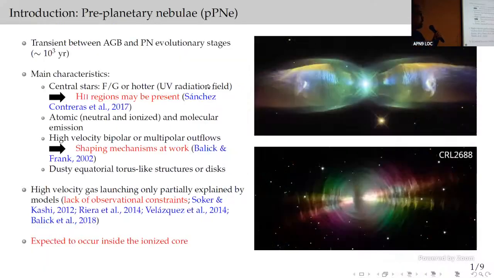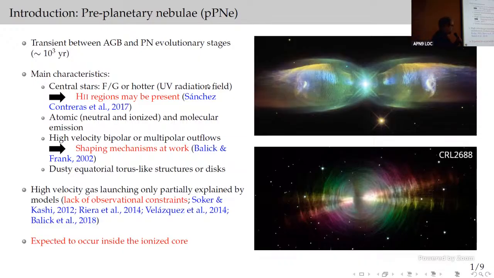As you know, planetary nebulae are transient objects between the AGB phase and the white dwarf phase. These objects are characterized by being aspherical, and this asphericity is usually associated with the presence of bipolar or multipolar outflows. These outflows usually come with perpendicular torus-like structures made of gas and dust that are very optically thick.